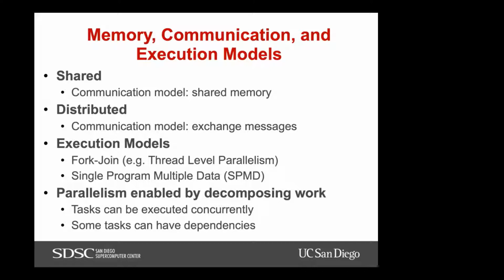And then there are different execution models that are kind of dependent on this as well. So fork-join is what you saw last week. And what you have now is a single program, multiple data kind of setup. So the parallelism is enabled by decomposing work. And so you're giving chunks of work to different tasks, and these tasks can have dependencies. So you might need some kind of synchronization or transfer of data between them.